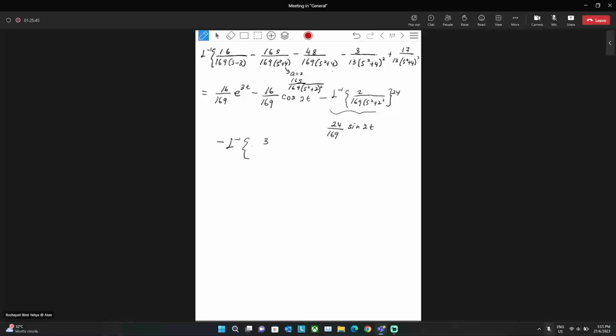Inverse Laplace transform of 3 over 13 (S squared plus 4) plus inverse Laplace transform of 17 over 13 (S squared plus 4) to the power of 2. Okay, for these two, as already mentioned in your module, we need to use the convolution theorem.